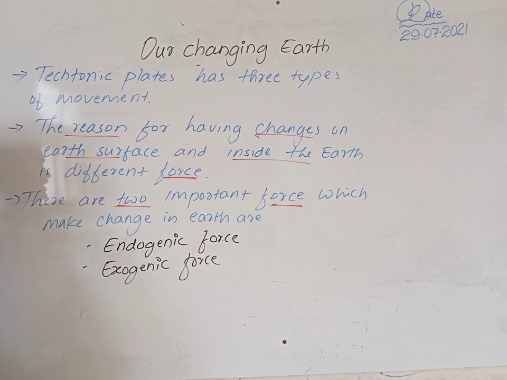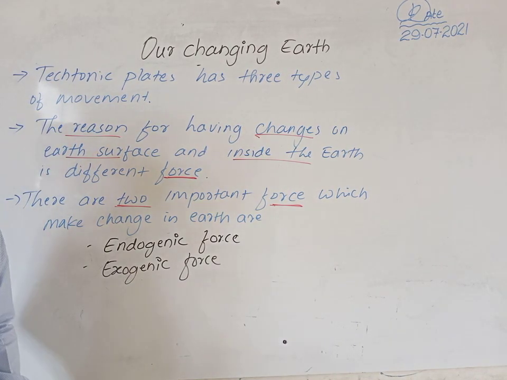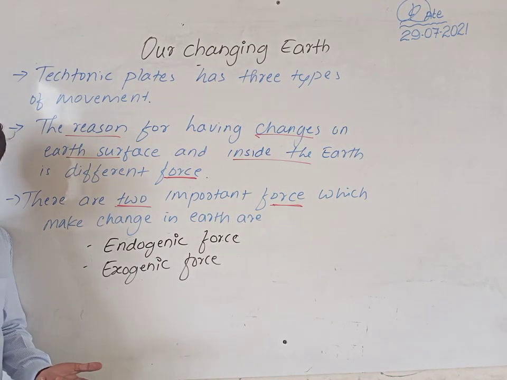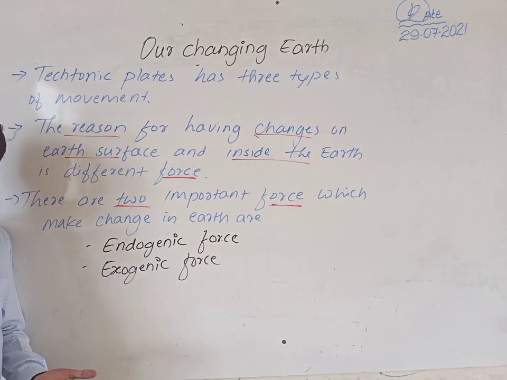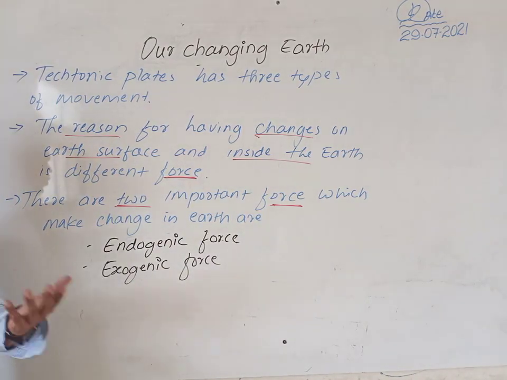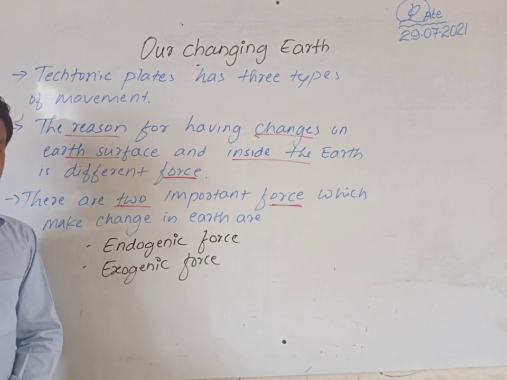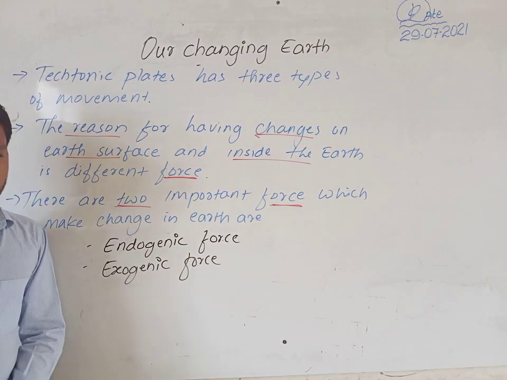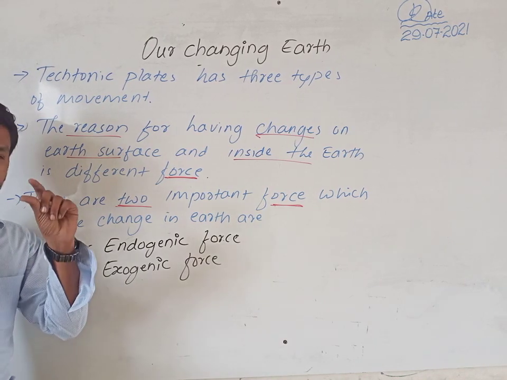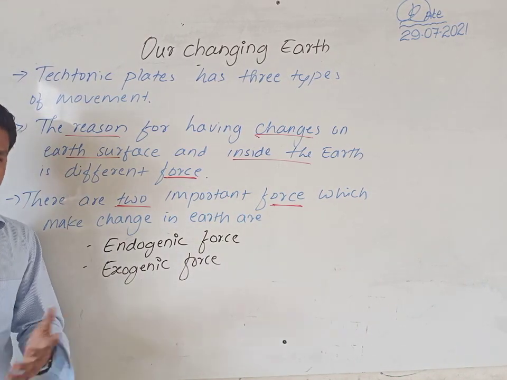So till now we discussed tectonic plate. What is a tectonic plate? It's the movement of lithospheric plate. What is a lithospheric plate? The broken pieces of lithosphere. What is lithosphere? The upper layer of mantle and crust is called lithosphere.